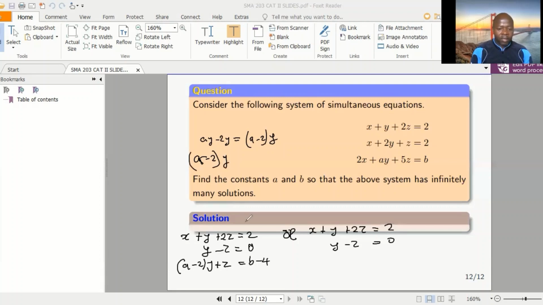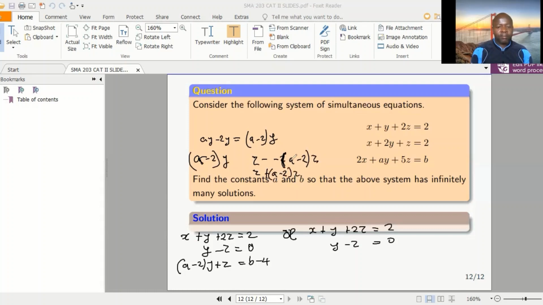Now come to this other part. You have negative z multiplied by m minus 2, and then subtract the result from z. So what we then have is just z plus m minus 2.